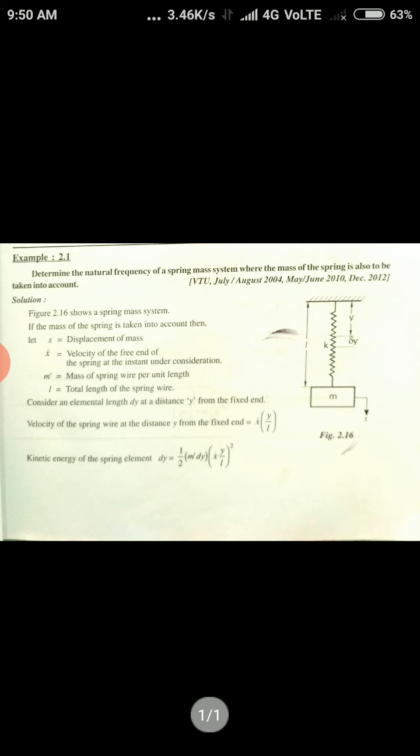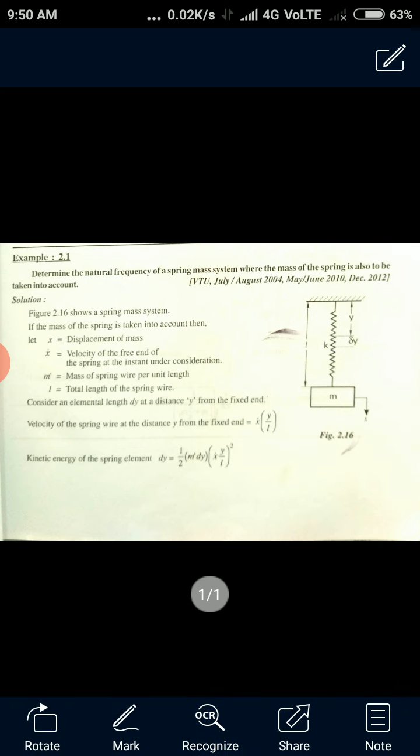So length L is the length of the spring, x is the displacement of the mass, x dot is the velocity of the spring at the end where it is attached to the mass or velocity of the mass, m dash is mass of the spring per unit length, L equals length of the spring. So what is the approach here?